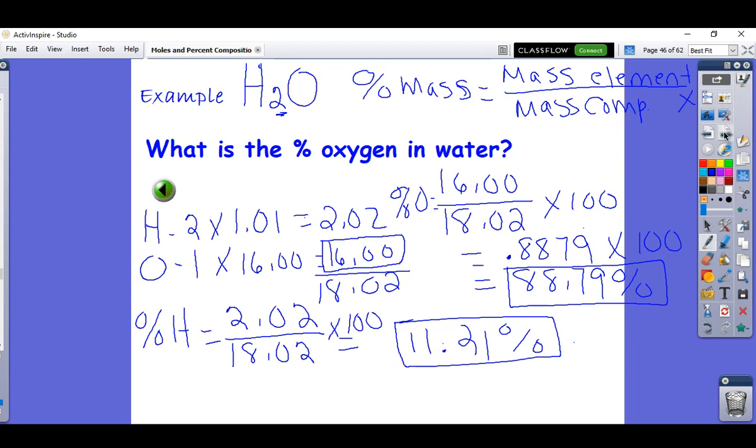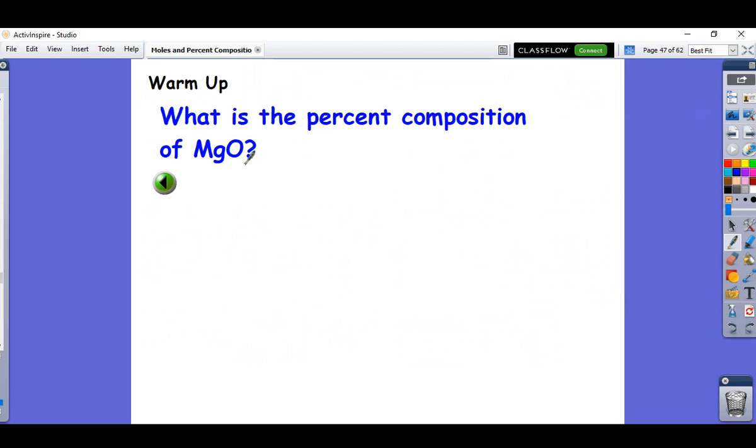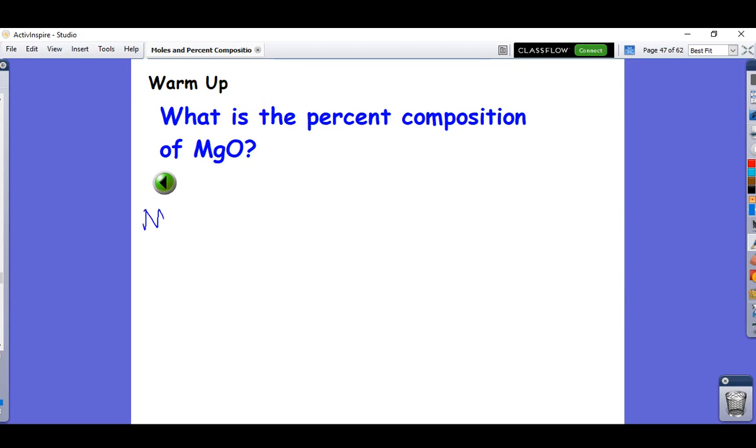So let's do another example. Now we have MgO. Let's find the molar mass of the whole compound. We have Mg and O, and since both are 1 and 1, we just look on the periodic table.